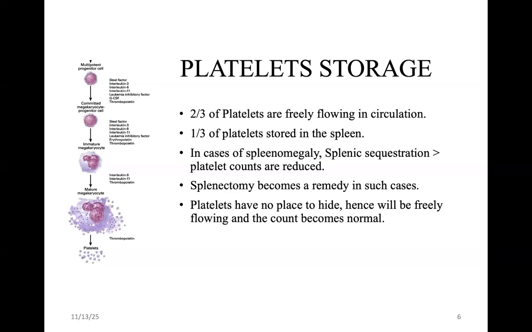Now, there are cases, like I mentioned earlier, where in adult life the bone marrow fails to produce blood cells, and the liver and the spleen take up a secondary function of producing these blood cells. When they take up this secondary function, they become enlarged. And the spleen being the storage site for platelets, when it becomes enlarged, it sequesters more platelets.